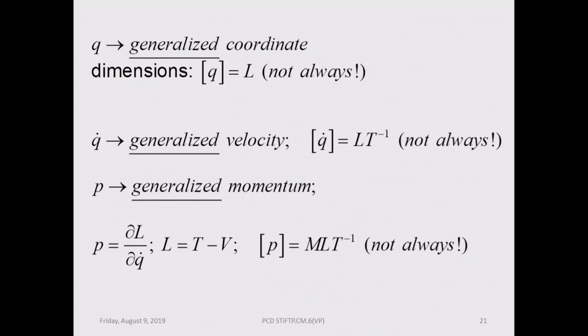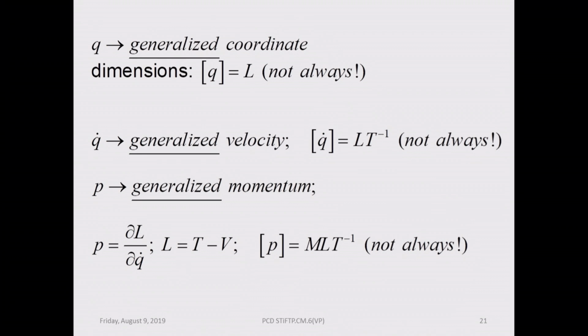So we will discuss this analysis in terms of generalized coordinates, generalized velocities, and generalized momenta. The generalized momentum, we just now identified that del L by del q dot is the momentum, which will give you the formulation consistent with Newtonian mechanics.